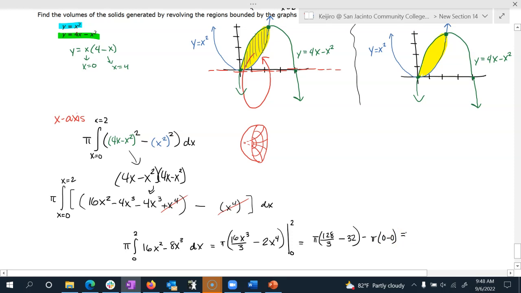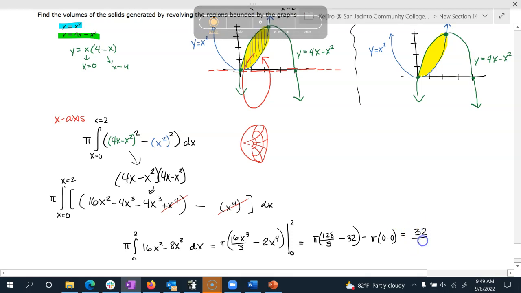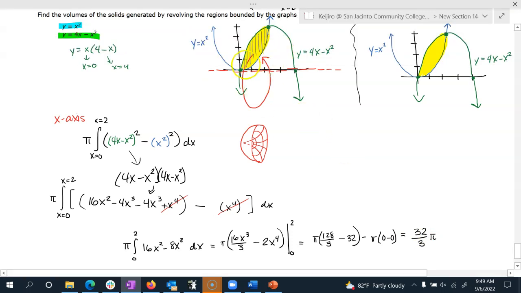Okay. 32 is 96 thirds. 128 thirds minus 96 thirds. 32 thirds. Okay. So 32 thirds pi is going to be the volume of that region. Let me just check that real quick. Yeah, okay.